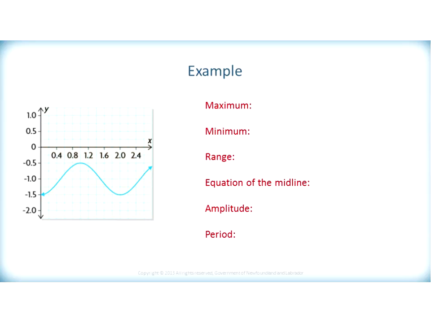So let's have a look at an example here, where our domain is in radians. We are going to look at our maximum point first, and our maximum point is right here at -0.5.